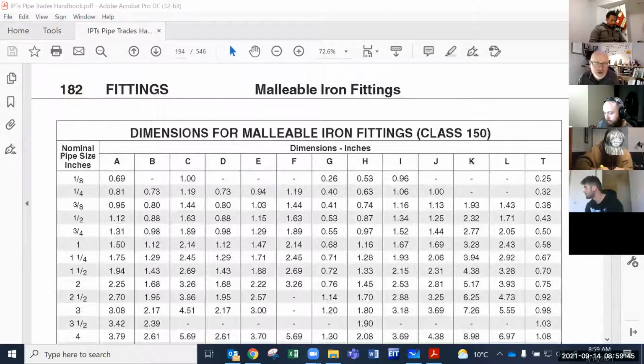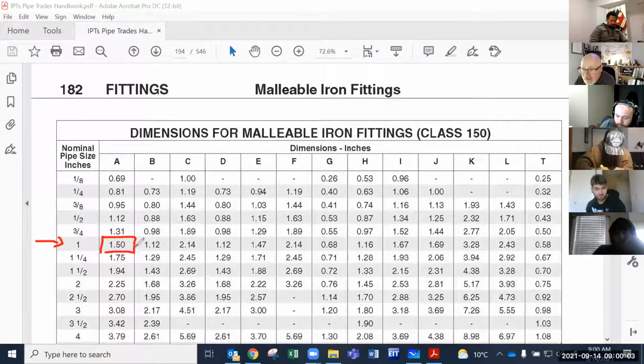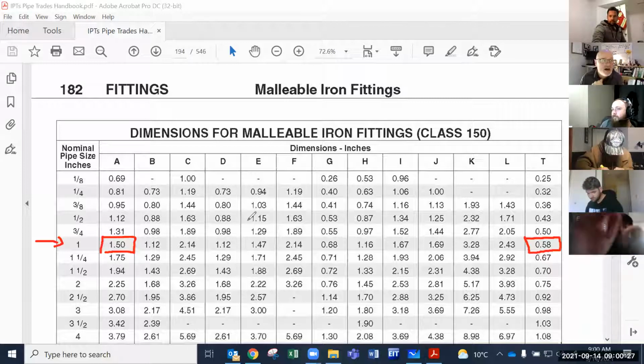So if we are using a 1-inch screwed threaded fitting, standard malleable iron, here is A. So if we said that a 9D has a throw of 1.5 and a thread engagement of 0.58, what now is my fitting allowance for a 1-inch screwed fitting? 0.92. That's exactly correct. It is 0.92 inches is my fitting allowance.